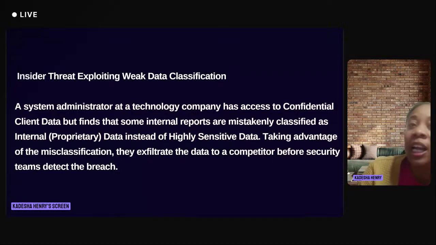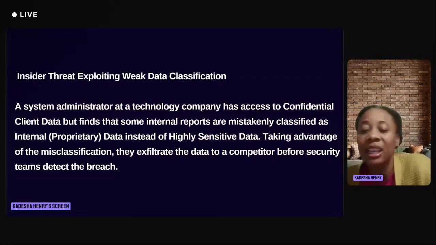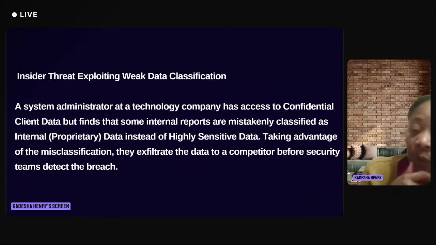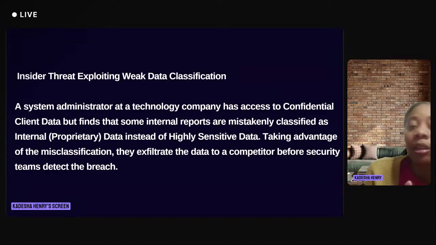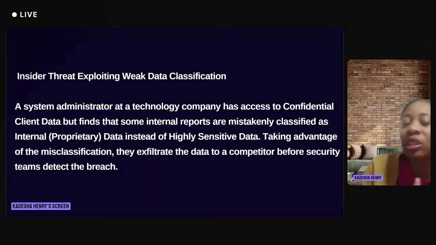They classify the secret of making the Apple phone as just internal, and then if somebody in the organization accidentally sends that information to a competitor, Apple will be done. They will finish, because a competitor now has their secret of how they make the Apple phone, or making Tesla. And instead of making the information of how Tesla is developed highly sensitive data, they just classify it as internal data, right?